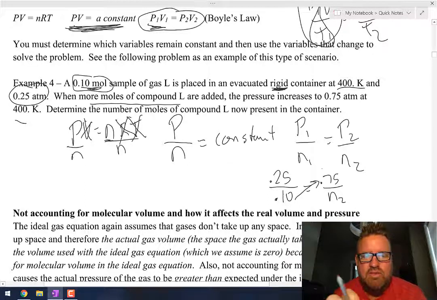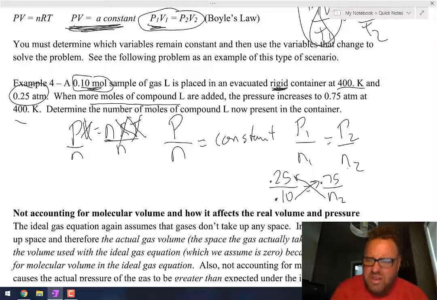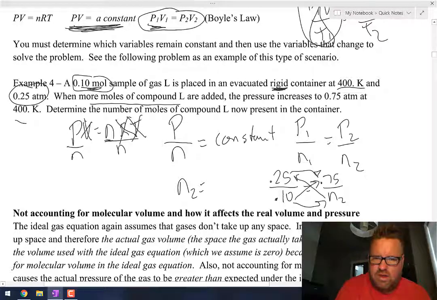So 0.75 times 0.10, divided by 0.25 equals. You probably could have done this in your head, I'm just trying to show you the math. The pressure goes up by a factor of 3, so n2 is going to go up by a factor of 3, to 0.30.